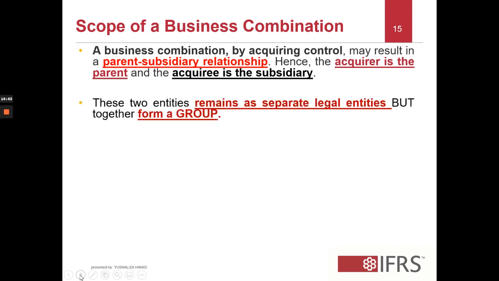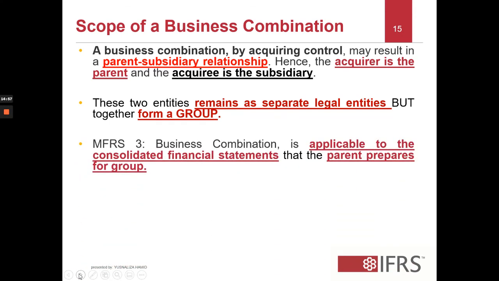These two entities, the subsidiary as well as the parent, remain separate legal entities, but from the point of view of accounting they form a group. MFRS 3, on business combination, the one that we are talking about now, is applicable to the consolidated financial statement that a parent prepares for a group.